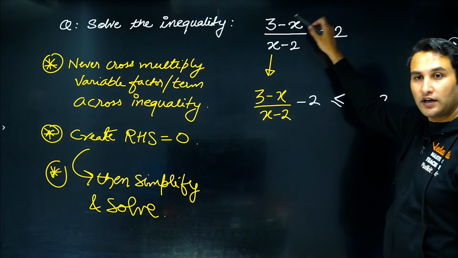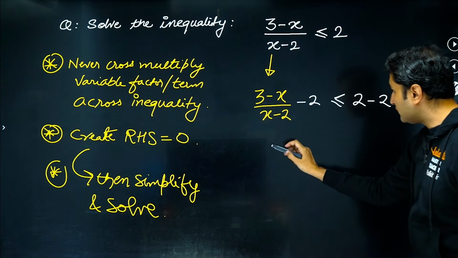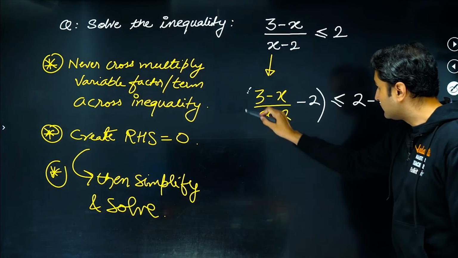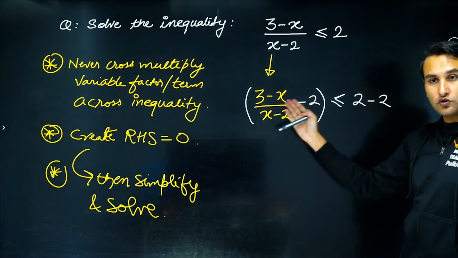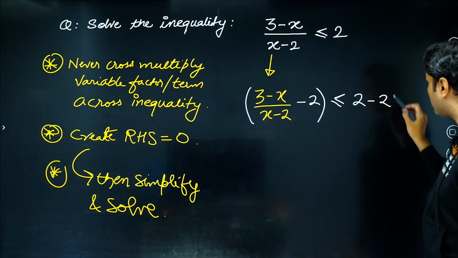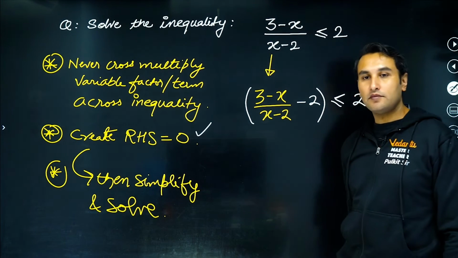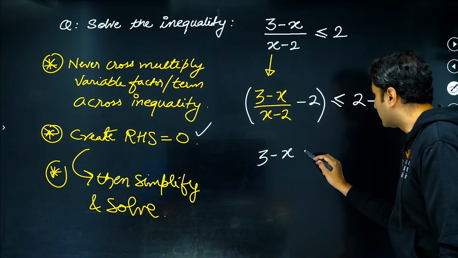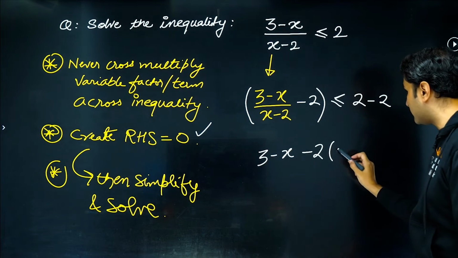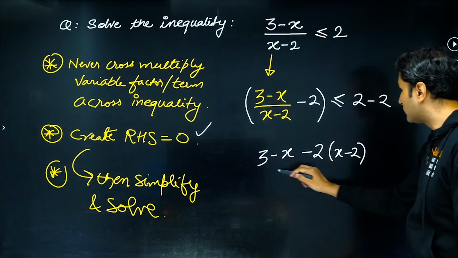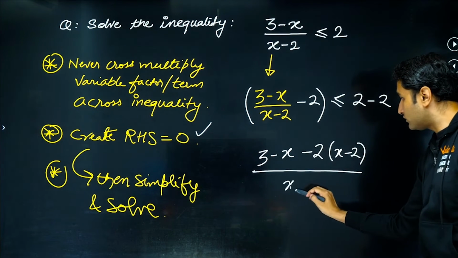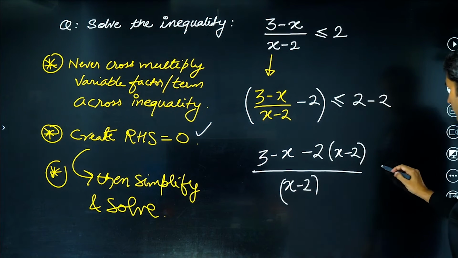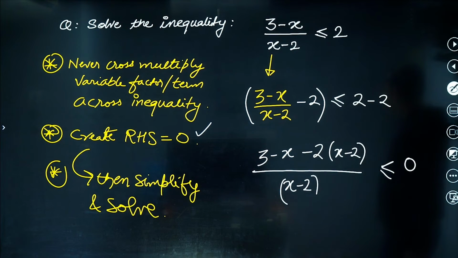This becomes something which you will solve by taking LCM, and the RHS has become 0. So what will it become? 3 minus x minus 2 times x minus 2, divided by x minus 2, less than or equal to 0.